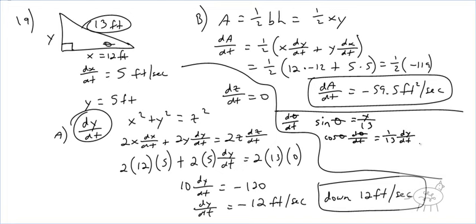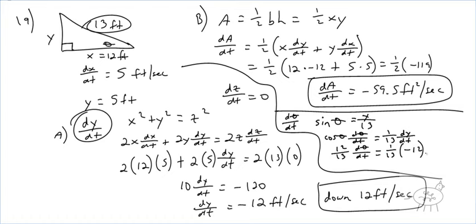Okay, and then if I plug everything in, cosine of theta is just going to be 12 over 13. It's our nice ratio. 12 over 13 d theta/dt. I'm going to run out of room here, but that's okay. 1/13 times dy/dt, which is -12.